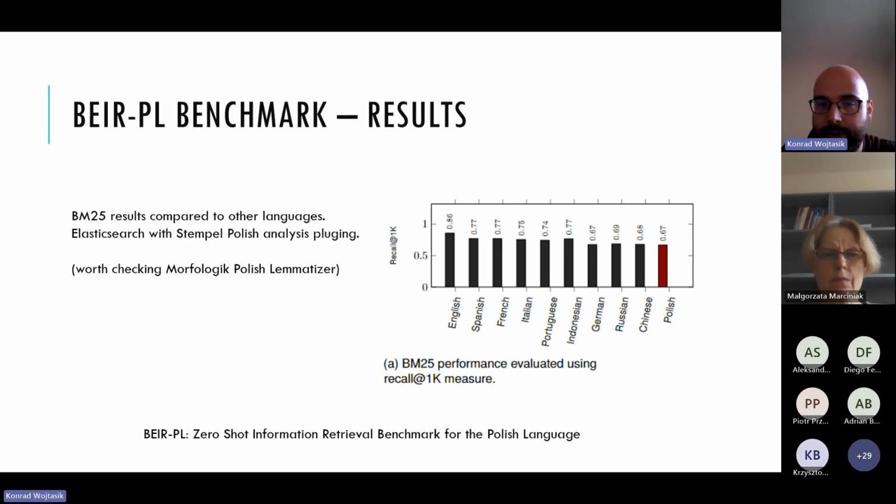One thing to mention is that we are using the Stempel Polish analysis plugin for Elasticsearch, but we haven't checked the morphological Polish lemmatizer, which might be a little bit better for BM25 in Polish language. So that's something worth checking. Because the results are not really good compared to other languages, especially English.